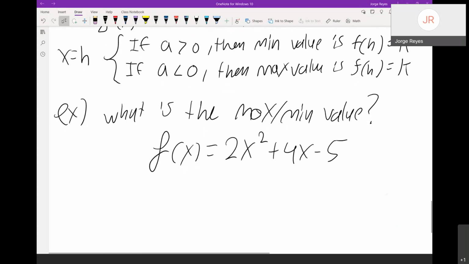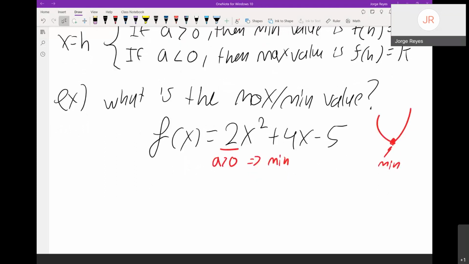First, you notice a is positive, so that means we're going to have a min, because our parabola looks like a regular U shape. Then I'm just going to use the formula I just showed you.